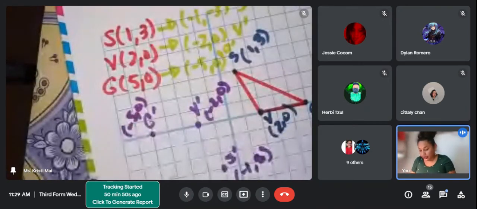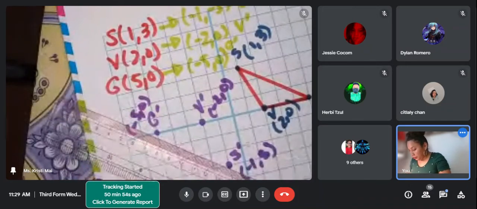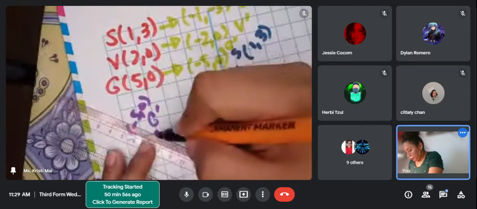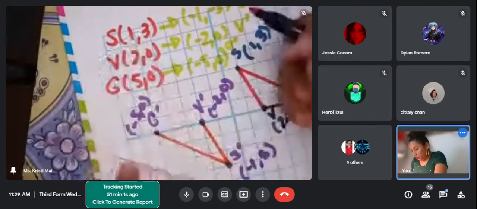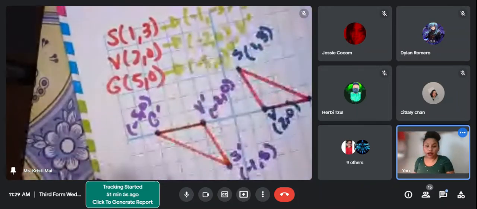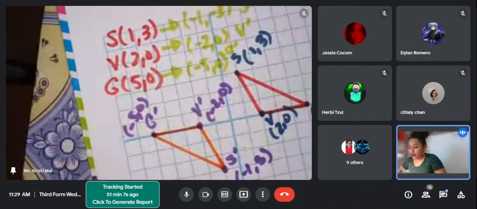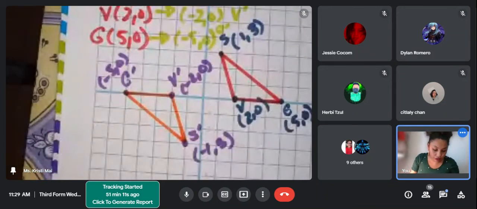And then I can connect the dots. And there you go. 180-degree rotation. Any questions, guys? Anybody has any questions?